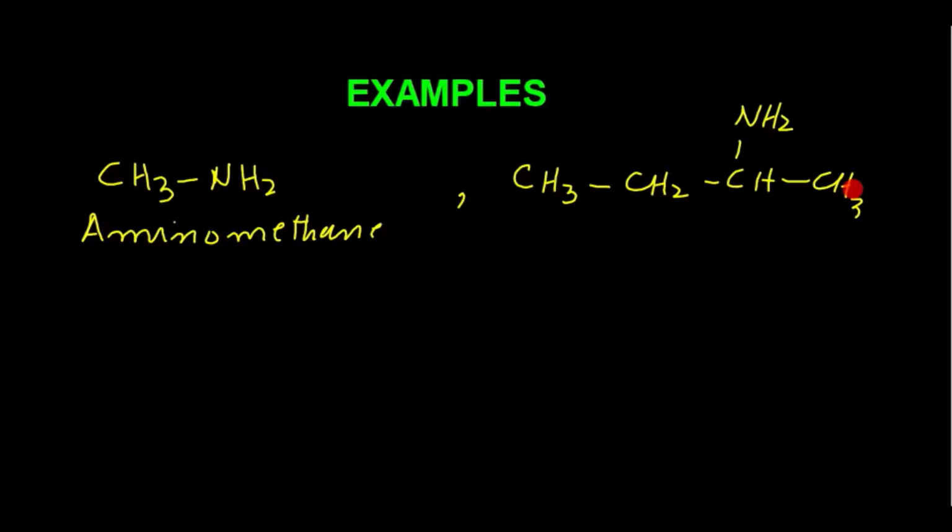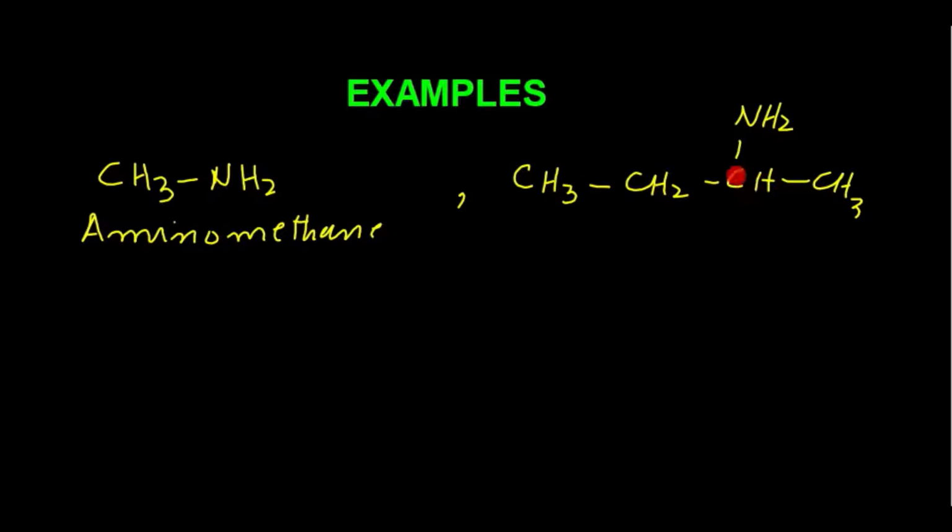So we do the numbering in such a way that we assign the lowest possible number to the amino group. If we do the numbering from the right side, 1, 2, the amino group is attached to the second carbon. If we do the numbering from the left-hand side, 1, 2, 3, the amino group is attached to the third carbon, right?